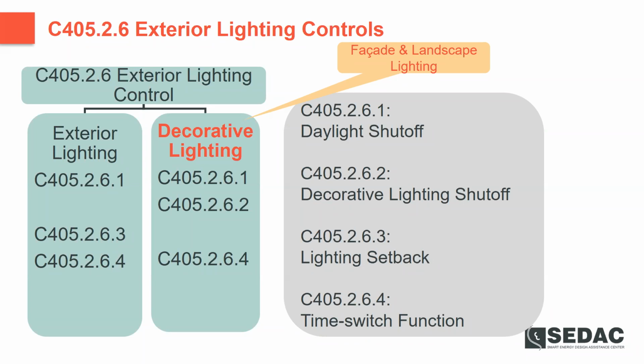And so there are 4 criteria, 3 of them apply to each, and as you'll note, decorative lighting has one set of criteria, and general area has a separate criteria for lighting setback. Both of them do require daylight shutoffs as well as time switch controls.